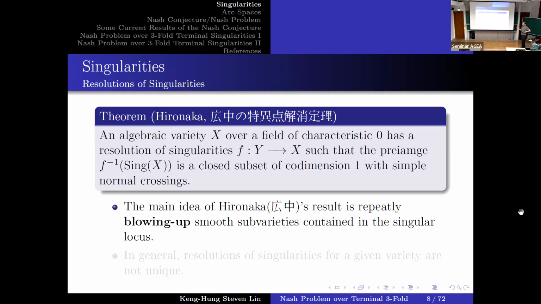Also it is algorithmic, which means that we can always find the resolution by successively blowing up smooth varieties contained in the singular locus. In general, resolutions of singularities are not unique, because Hironaka's way is not the unique way to resolve singularities. You can go to other textbooks to find other types of resolutions.